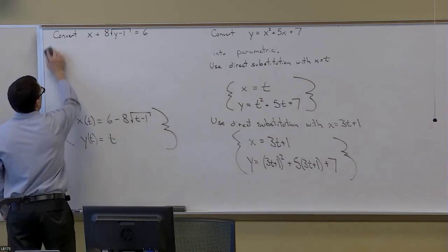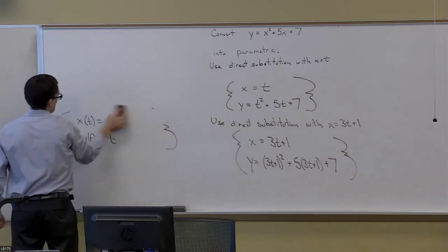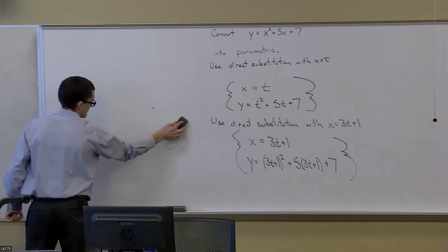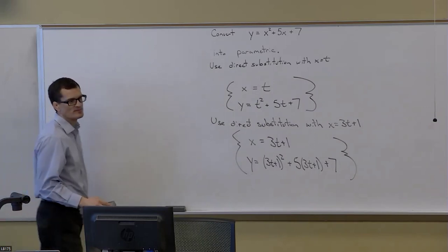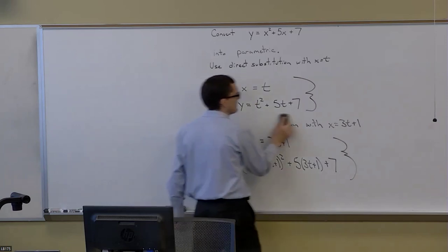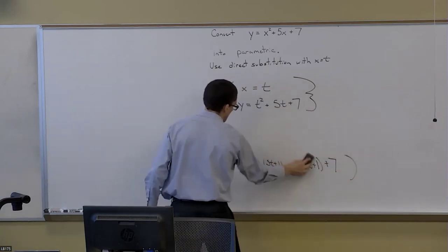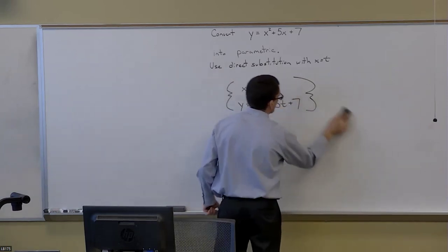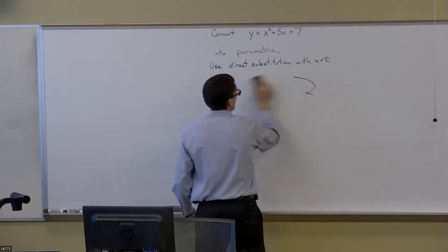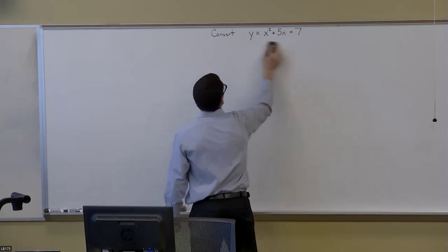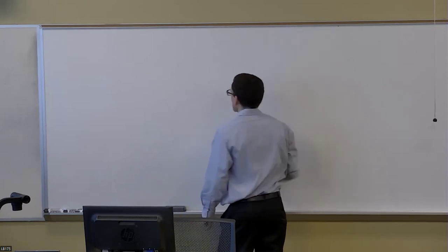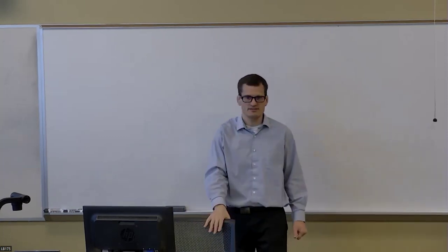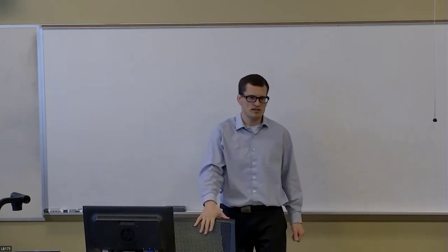Now, what about the indirect substitution? The things that we are going to look at for indirect substitution come from our trig identities, and that's the ones we're going to focus on.